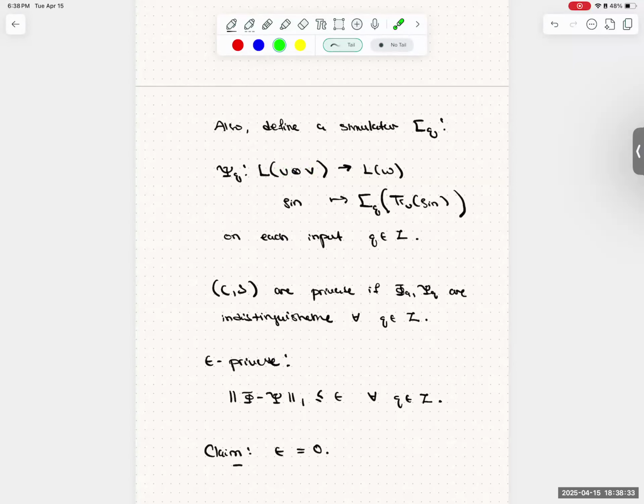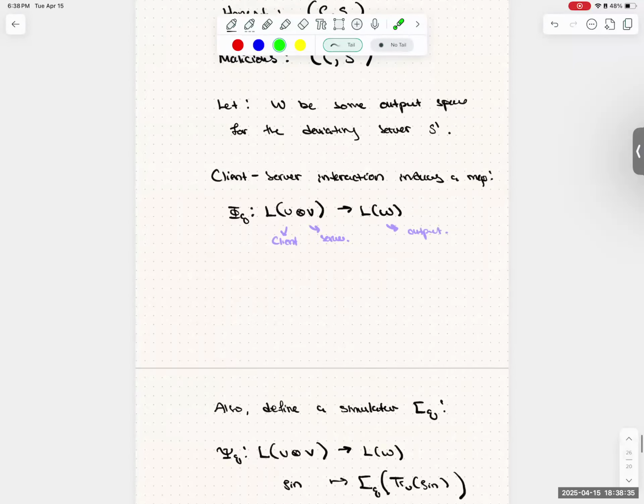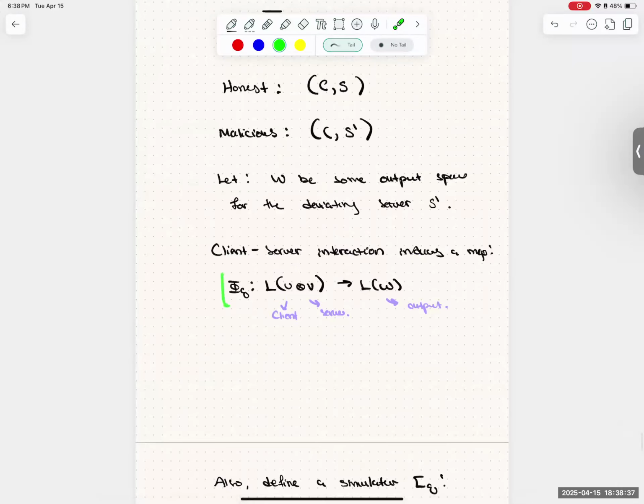What this is formalizing, or maybe better yet here, because this is the actual interaction, is that rho in could have some entanglement between the two. And Bob, the malicious server, is going to use some entanglement from this. In principle, there could be some entanglement that is used to get information about Alice's computation, about her input state.